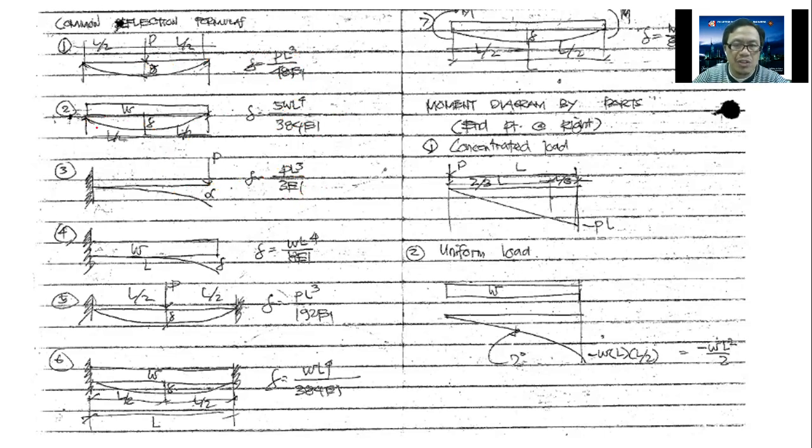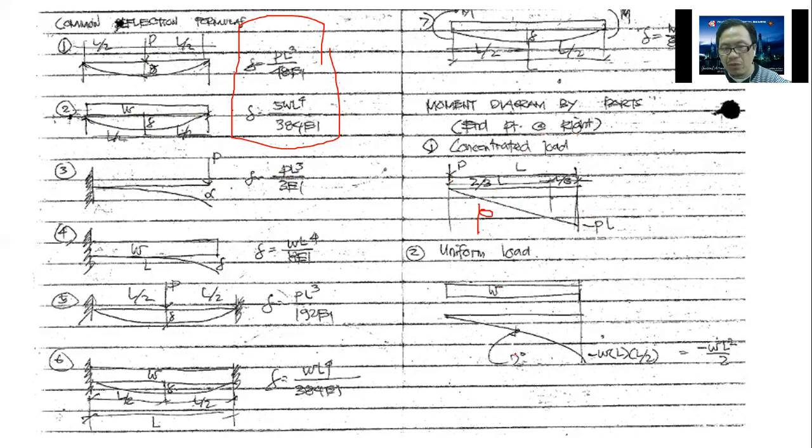Now you can use these if there are combinations of load. Let us say a combination of uniform load and concentrated load. You can use the two formulas. You just have to separate it and do it according to parts. One thing you have to take note of, as I said earlier, is that if you have a concentrated load P, the moment diagram is first degree, PL going down.